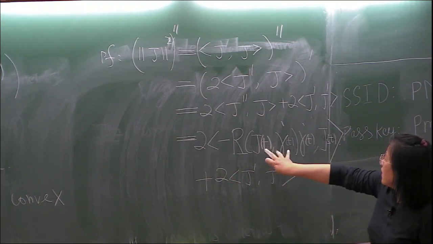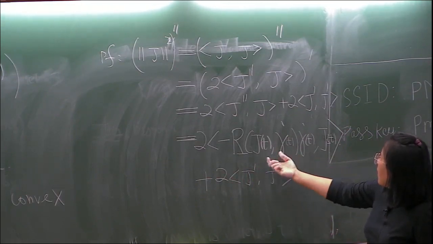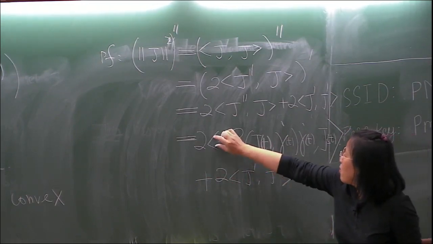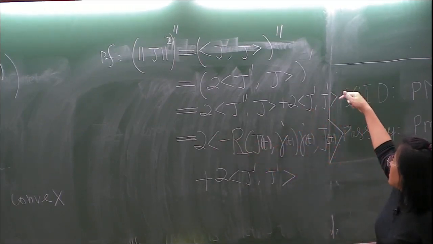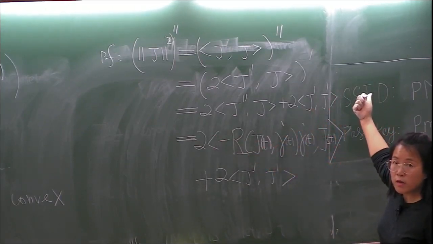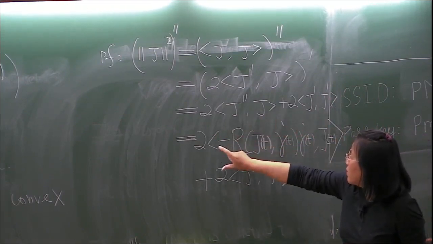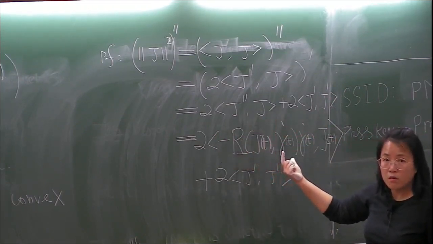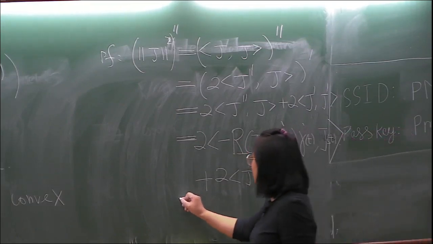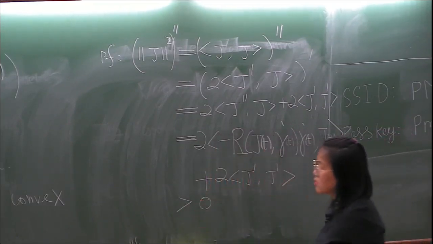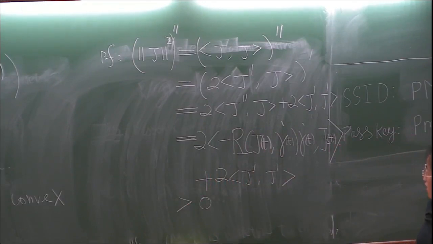So you see, if this is negatively curved, actually this term without the minus should be less than some negative thing. So then this with the minus is bigger than 0, so this is convex. This is a convex function.